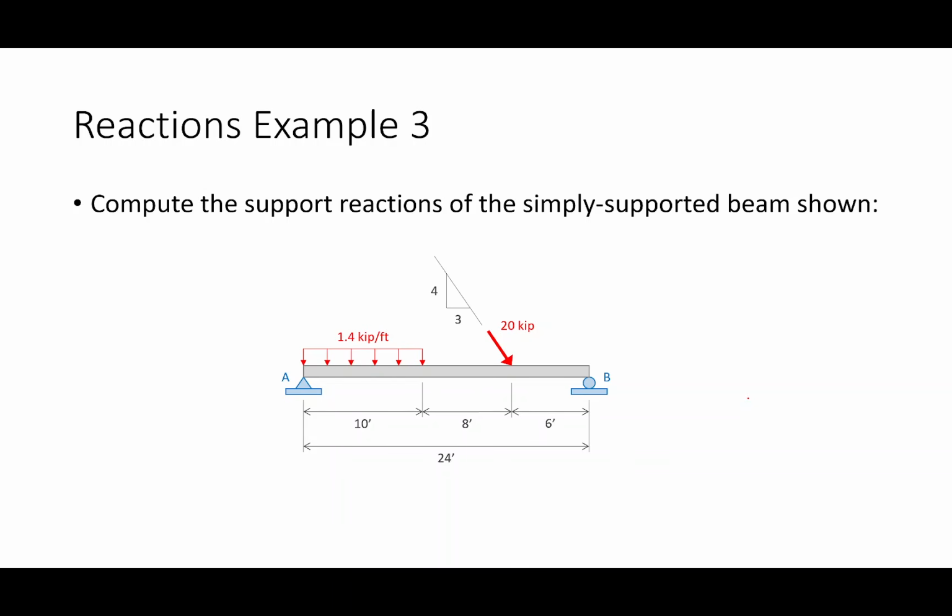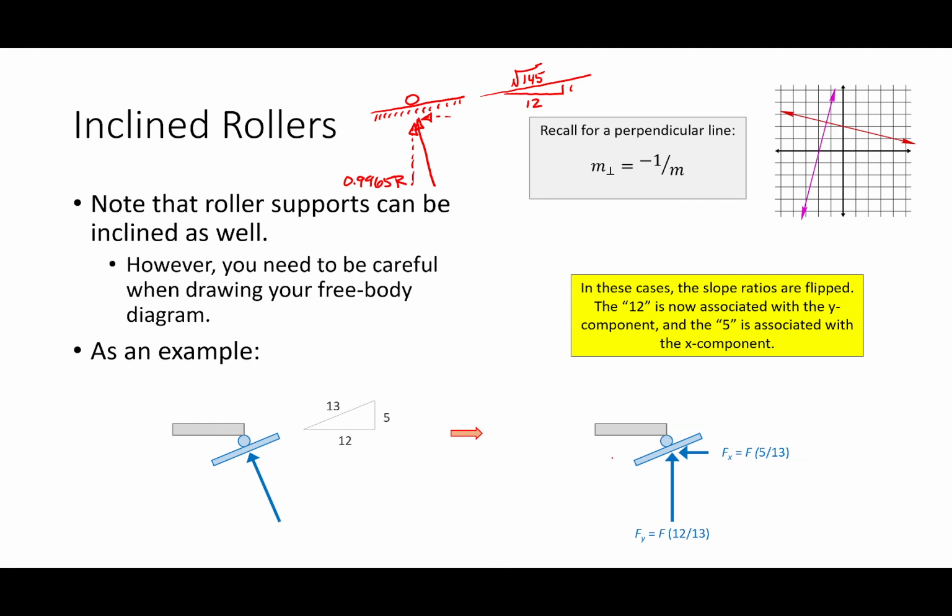Now we're doing the inverse, because now we're taking the 12 value and sticking it with the vertical, and whatever the 1 value is with the horizontal. They're flipped, right? Why are we putting the bigger number with the vertical when the bigger number here is with the horizontal? It's because it's perpendicular. That's why. We're flipping the ratio.